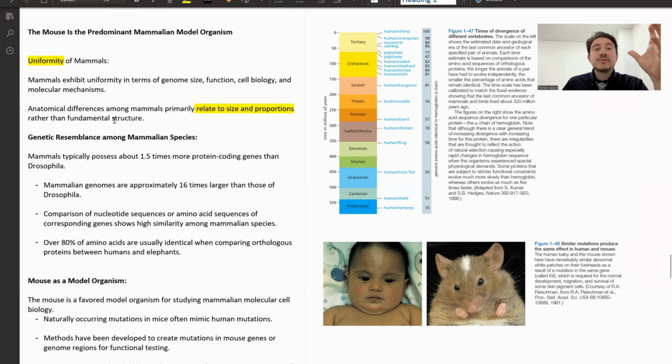There are anatomical differences, right? Of course, we see all the diversity of life among mammals, but it primarily relates to size and proportion rather than fundamental structure. It's a very nice sentence there. Genetic resemblance among mammalian species: mammals typically possess 1.5 times more protein coding genes than Drosophila. 1.5 times.